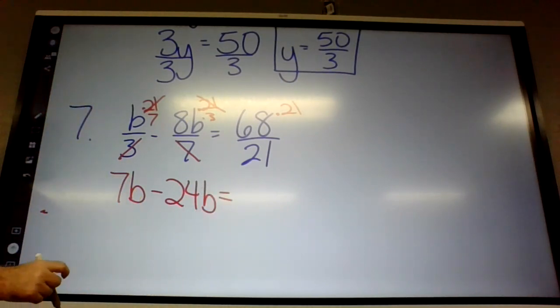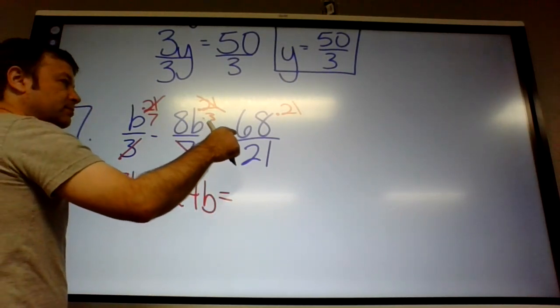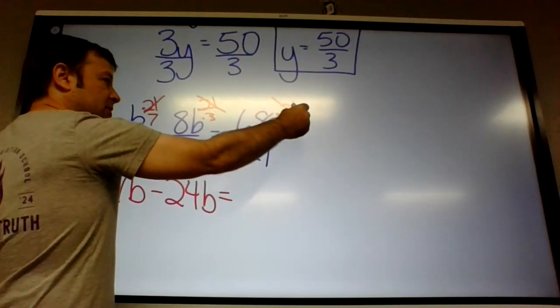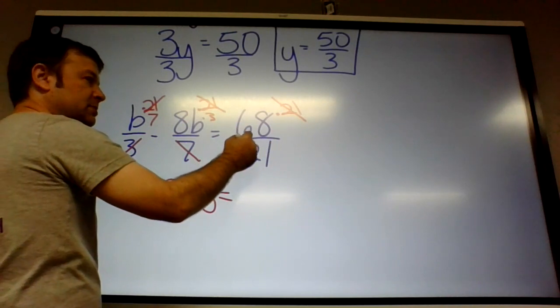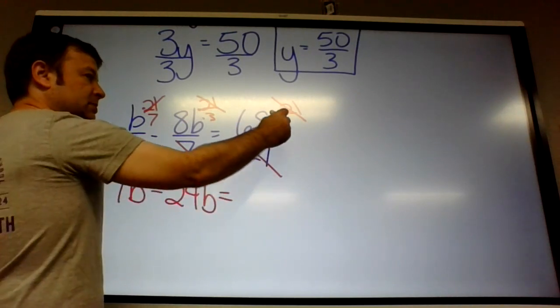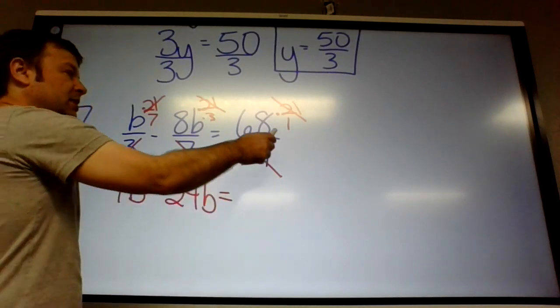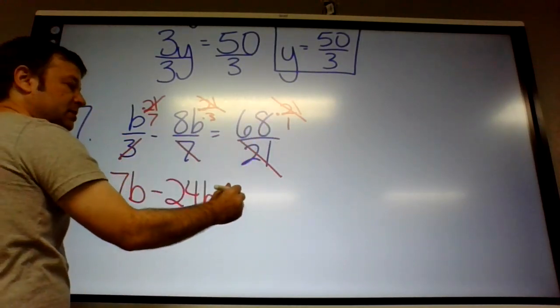And Brianna, do you know what's going to happen on this one? 21 divided by 21 is 1. 1 times 68.